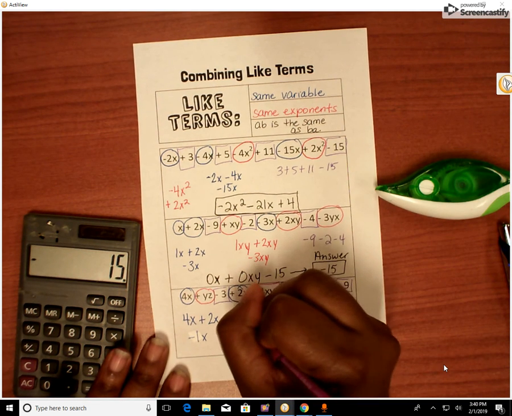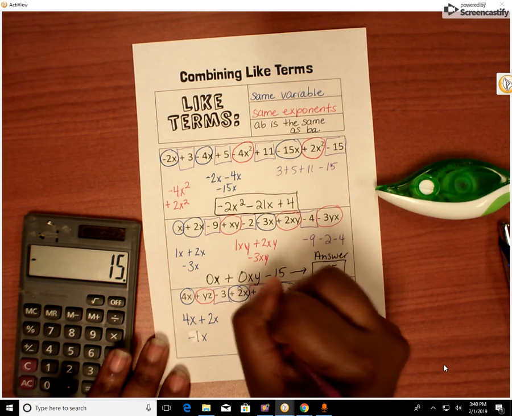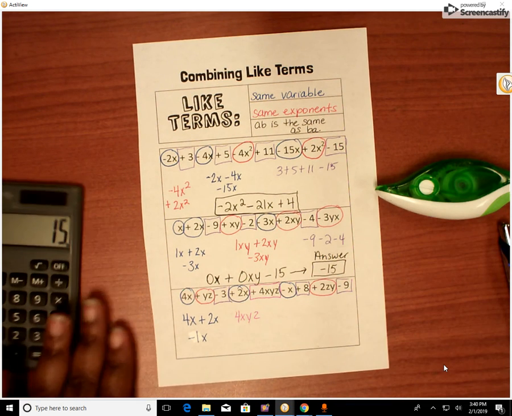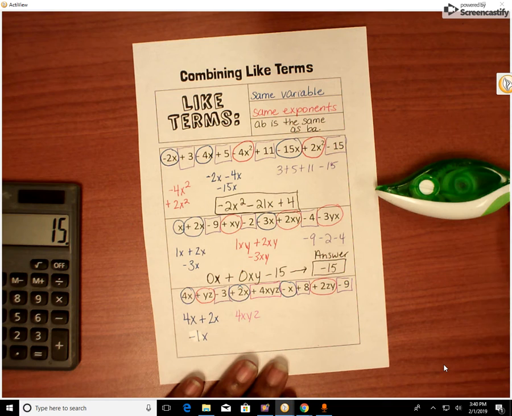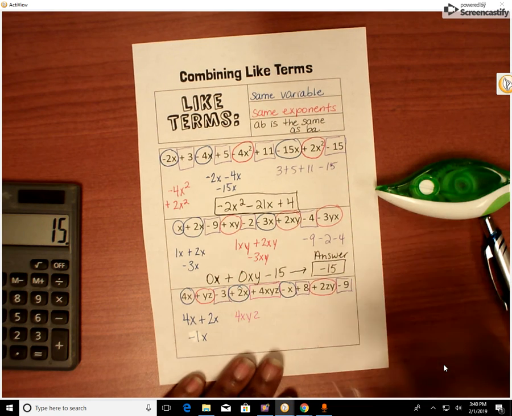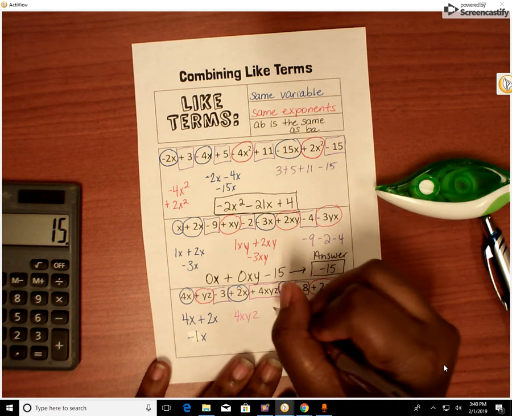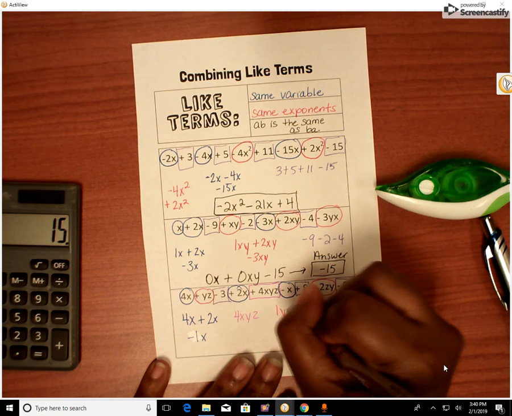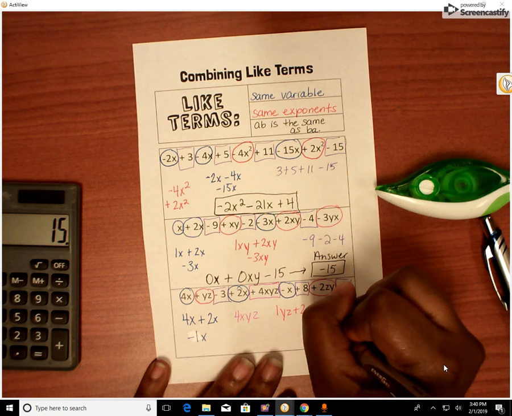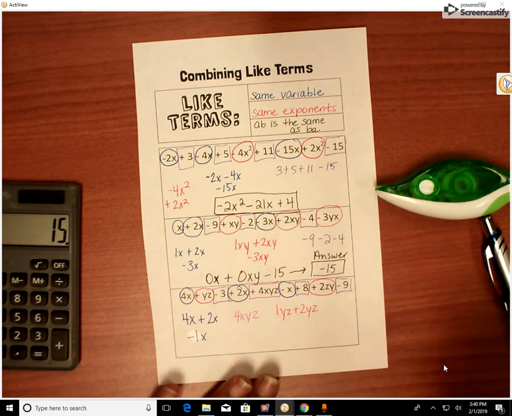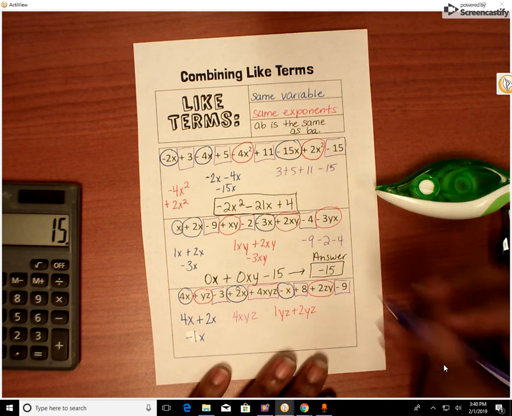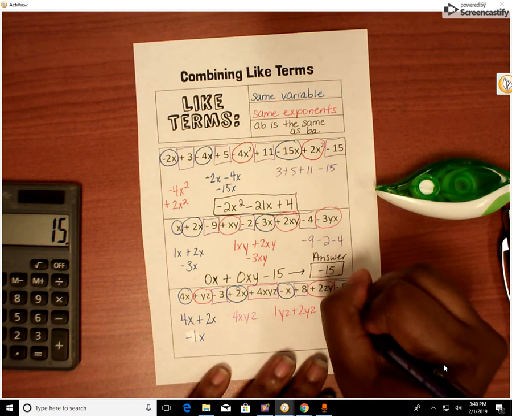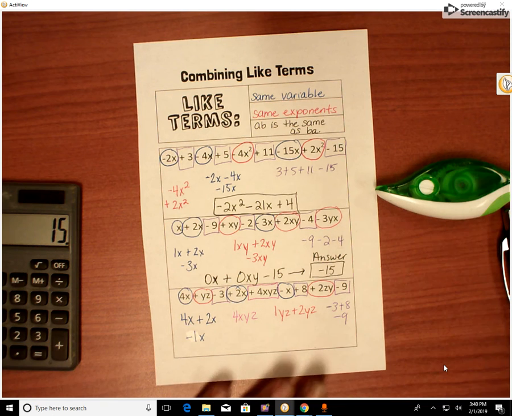It was 4xyz. It's by itself. And then I'm going to do my yz because, after x comes yz. So 1yz plus 2yz. And I reordered that. And then finally my constants, negative 3 plus 8 minus 9.